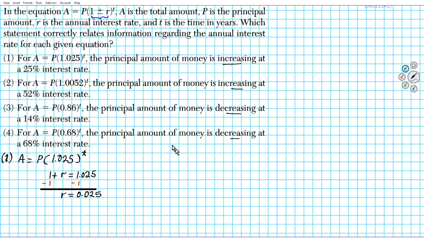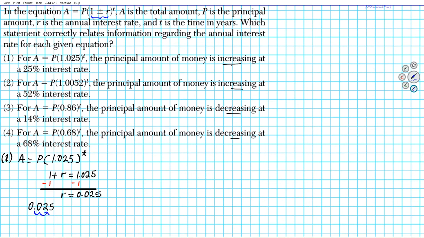Now we're going to convert 0.025 to percent. How do you convert from decimal to percent? You basically multiply by 100. You can use your calculator to do that, or it's equivalent to moving the decimal point 2 places to the right.